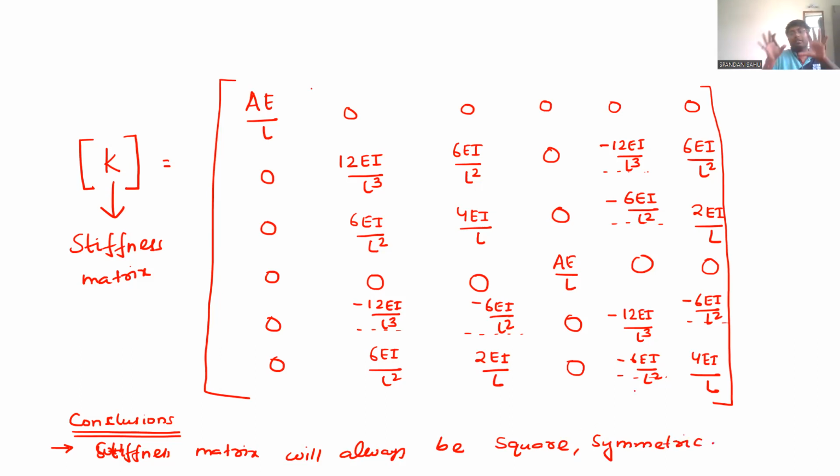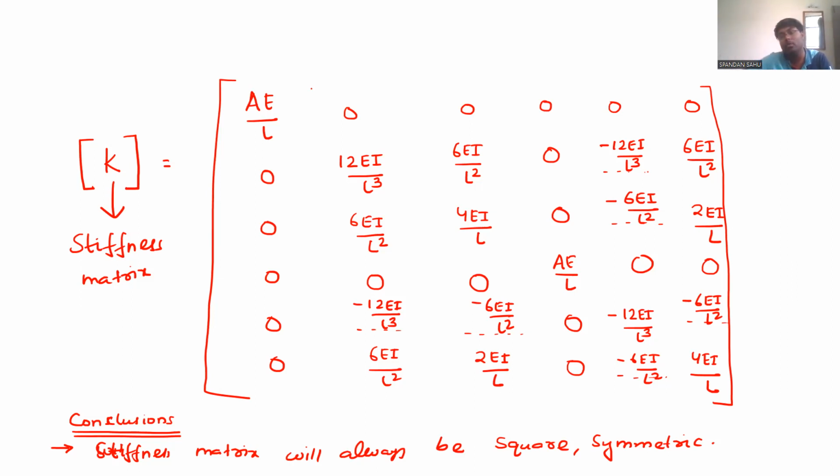So if we did some mistake, you can also overcome it. If at all you did some mistake, then you can also check, because those matrices are always symmetric in nature.